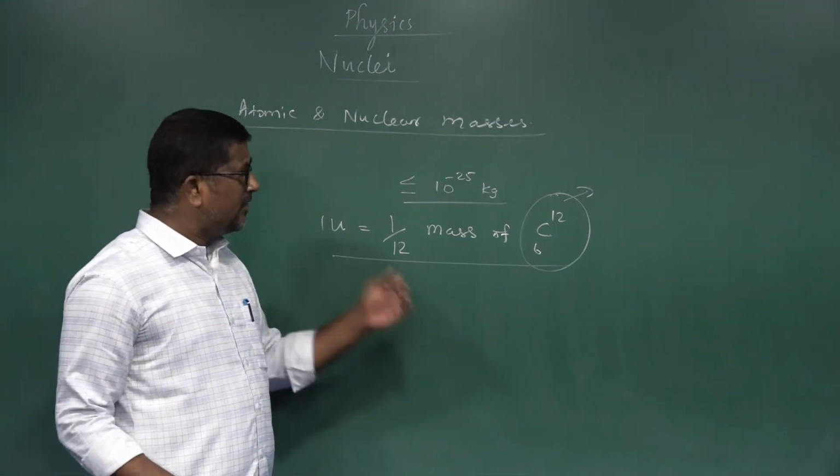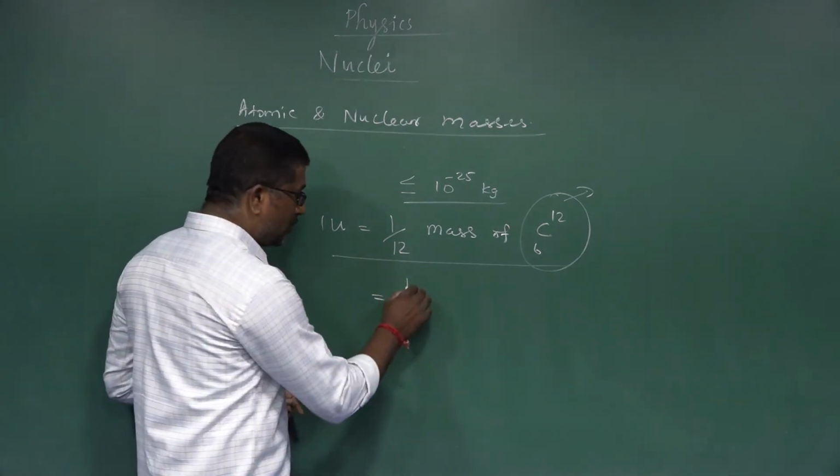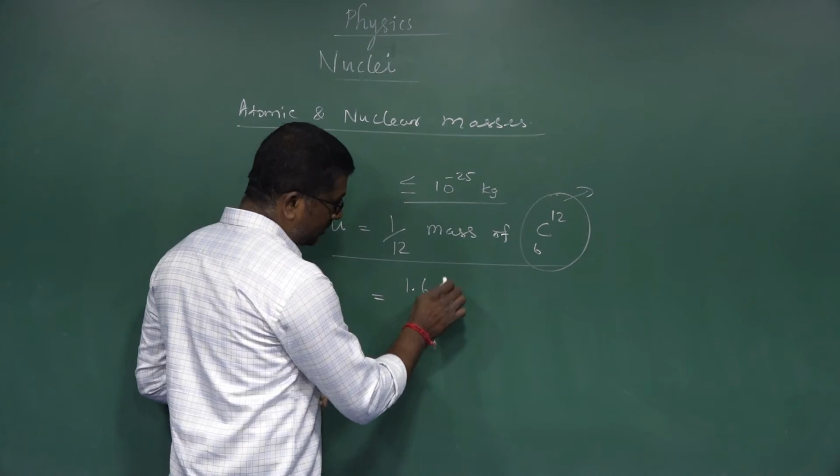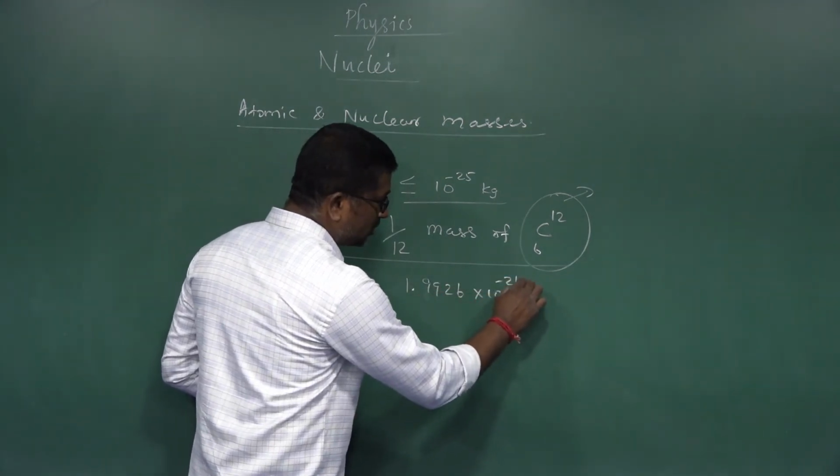What is the value of the mass of one carbon-12 atom? That value is 1.9926 into 10 power minus 26 kg.